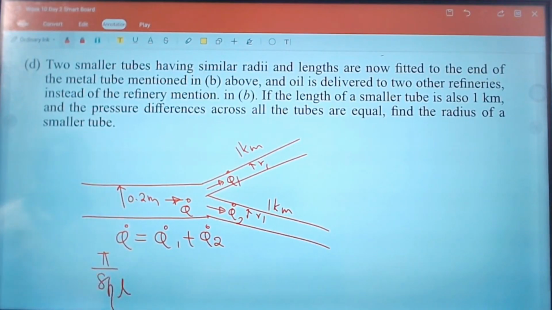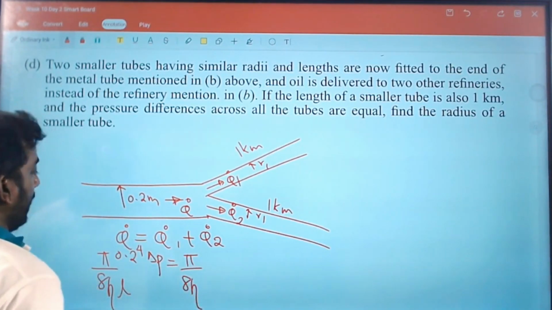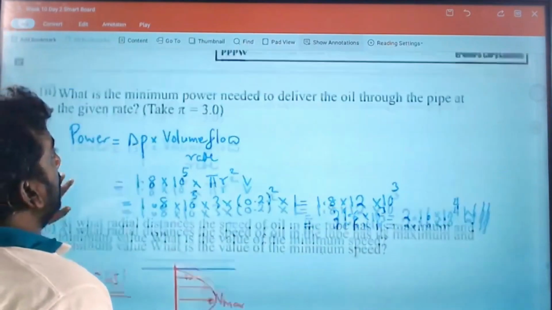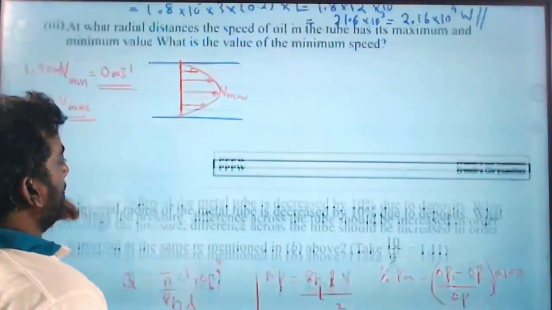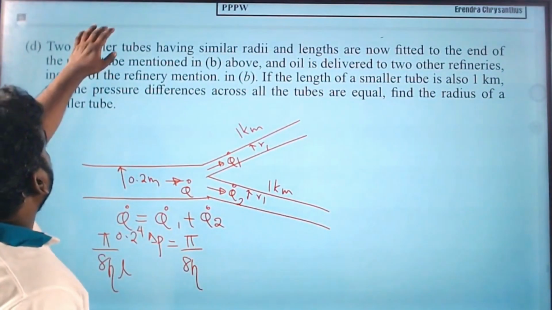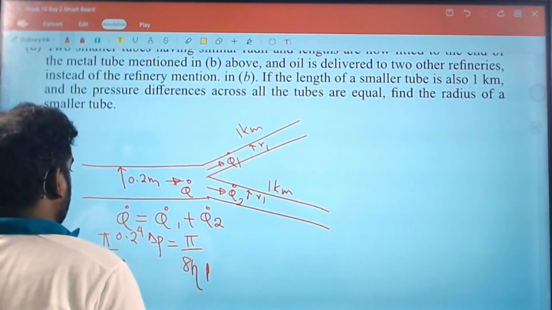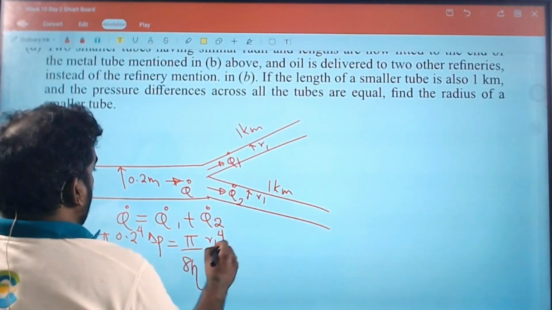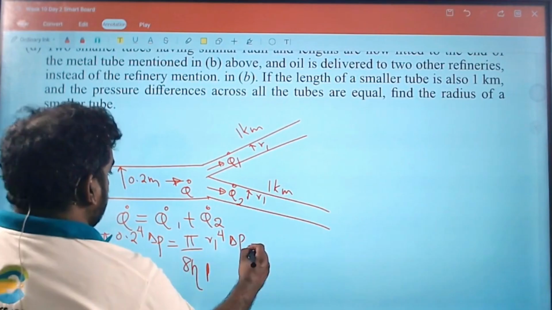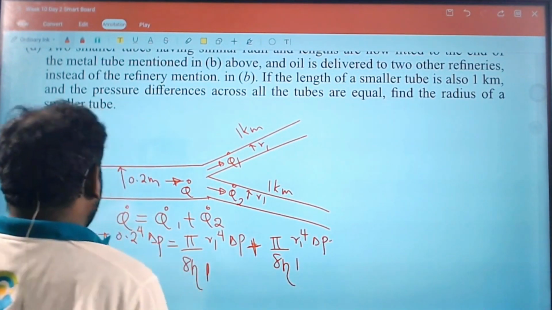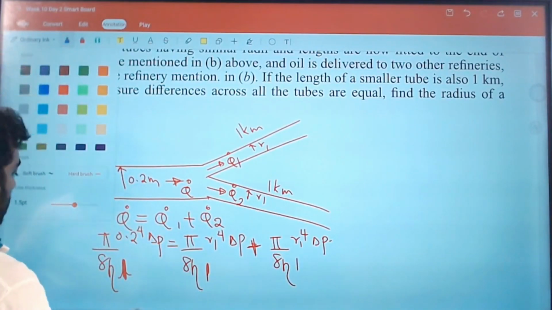Pi over 8 eta L, 0.2 to the power 4, delta P equals pi over 8 eta L 1 kilometer R1 to the power 4 delta P plus pi over 8 eta L R1 to the power 4 delta P. All these cancel off.